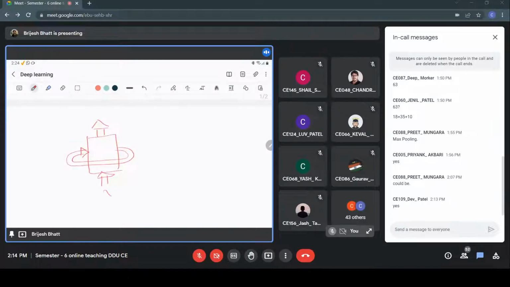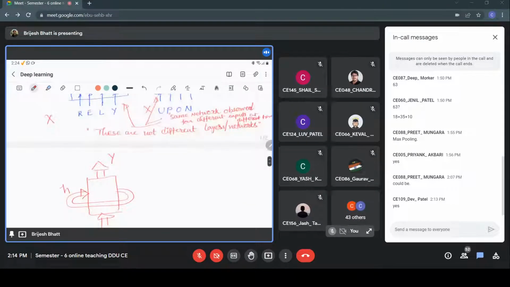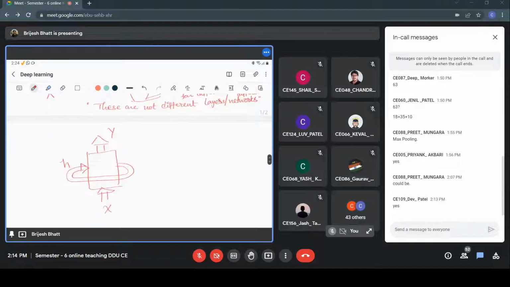So this is input X, this is output Y, and this is hidden H. This hidden actually goes back and is processed for the next input. But this is for the next input, so we need some iteration. We need to maintain this counter.